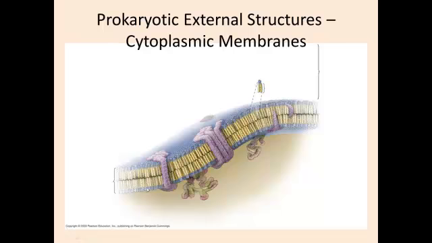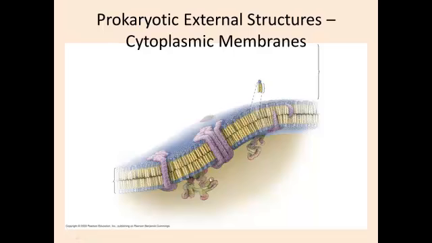The heads interact with the water-based solutions on the inside and the outside of the cells. The hydrophobic tails are excluded by the water and turn toward each other. This arrangement is very good at keeping big, hydrophilic, and or charged molecules and ions out or in. It marks the boundary between the outside and the inside of the cell.